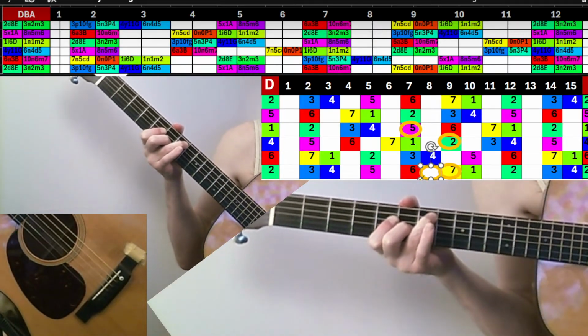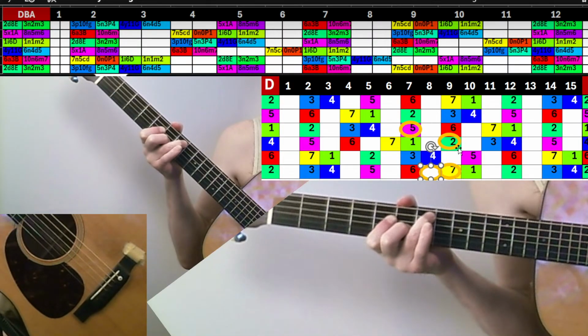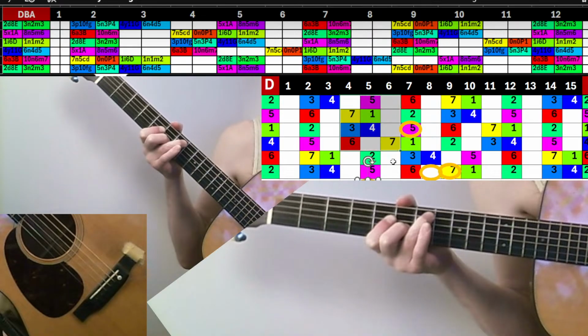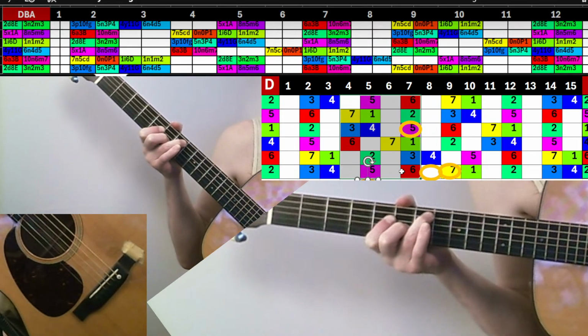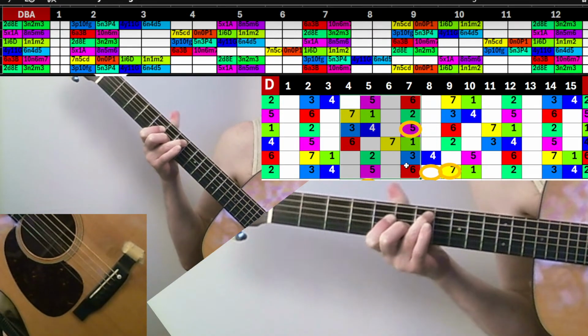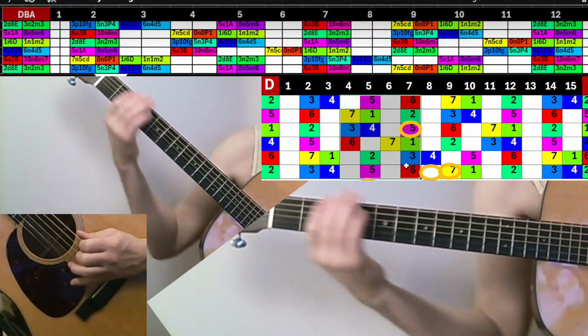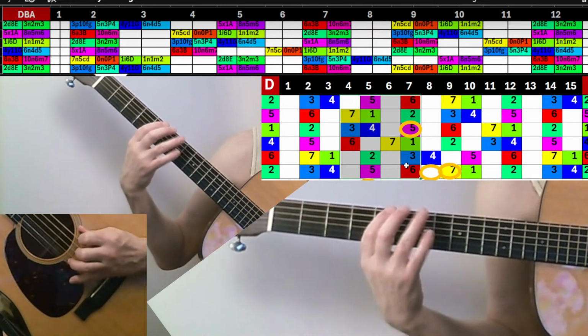Alright, and so then if I go on this side of it, this shape behind it is what I would call shape number 5. So shape number 5 is behind it. I'm used to that, but it's usually further back on the neck.